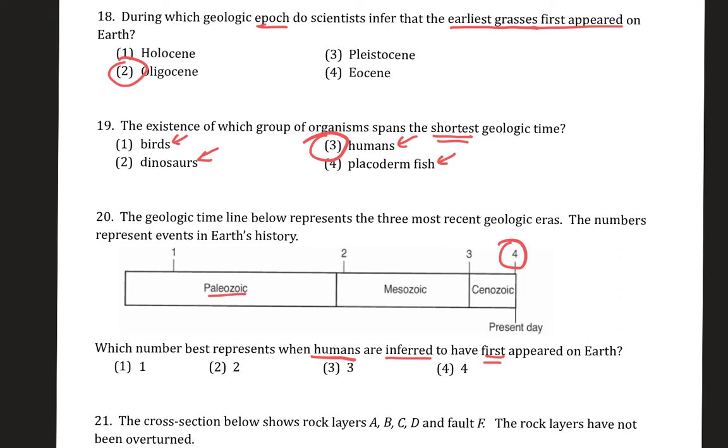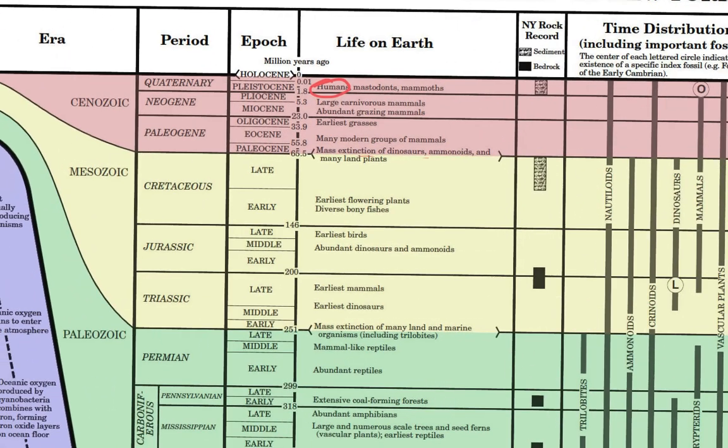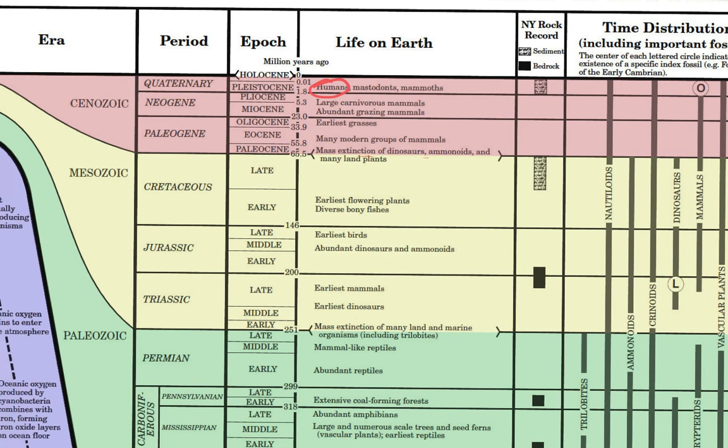Because the Paleozoic is a long time ago, Mesozoic is middle time ago, Cenozoic, Ceno actually means new. It's the newest time era. But we'll take a look. Yep, here's the humans all the way up here at the top of the Cenozoic, right? So number 4 makes the most sense.